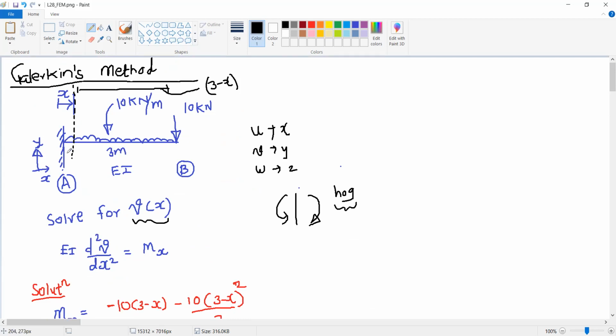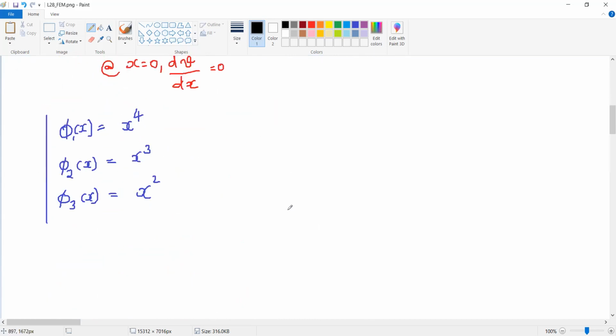But what is rotation? Rotation is nothing but the derivative of Y directional deformation with reference to X. So we used to say dy by dx is the slope, but now y here will be replaced by v because our notation for Y directional deformation is v. So therefore dv by dx is going to be the slope.